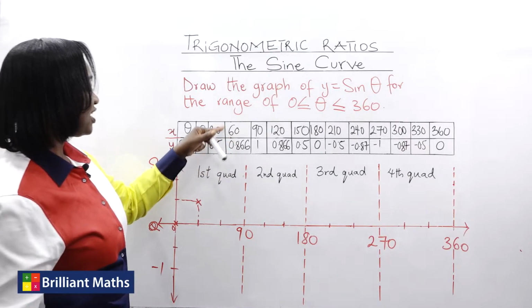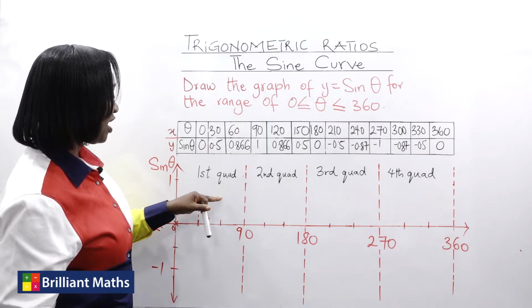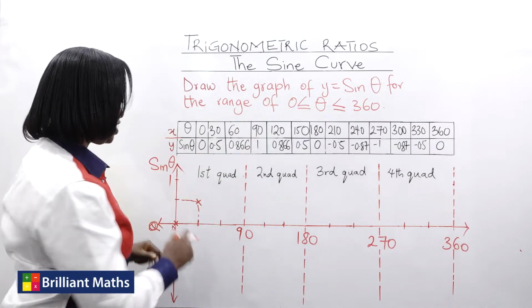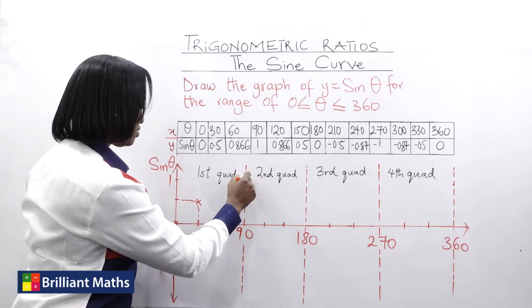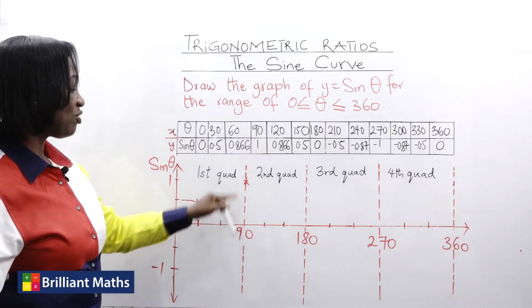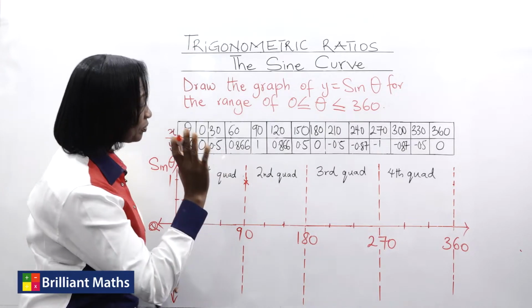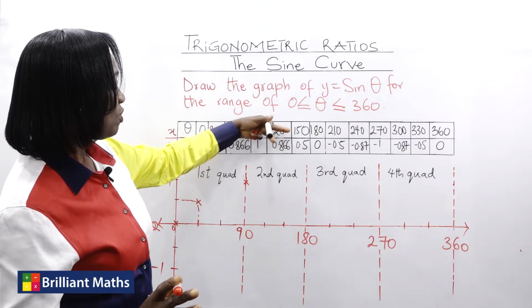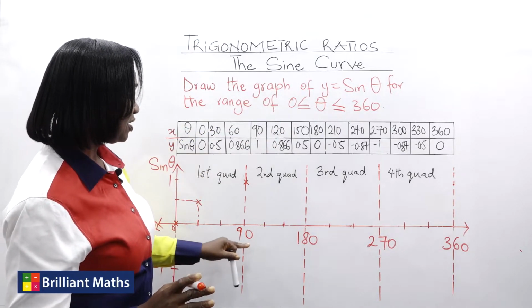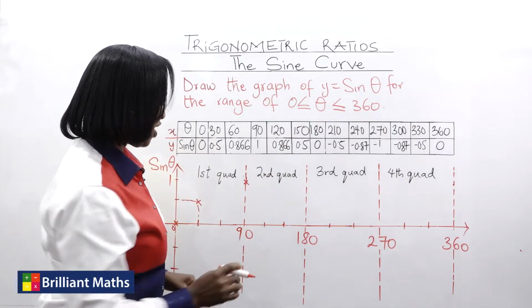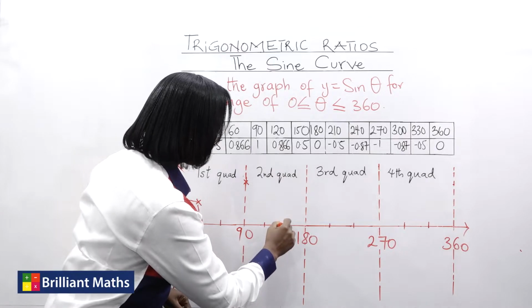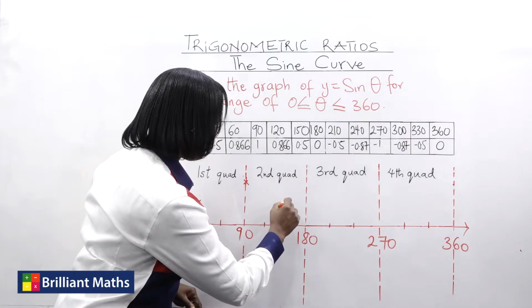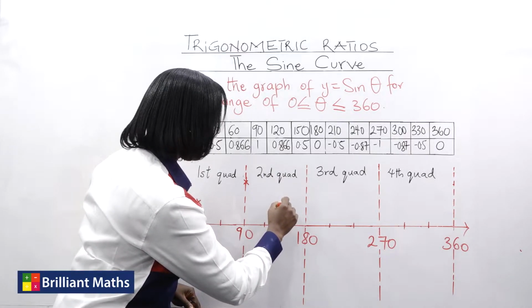When theta is 60, it is almost 0.9, but when theta is 90, it is 1, right on the dot. So sine 90 degrees is 1. Then 150 is 0.5. That's 90 plus 30 is 120, so this is 150. So it's back to 0.5, somewhere there.